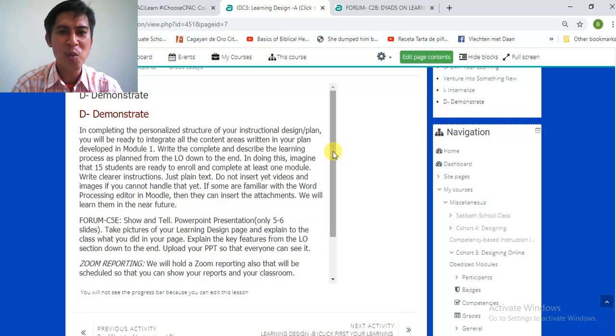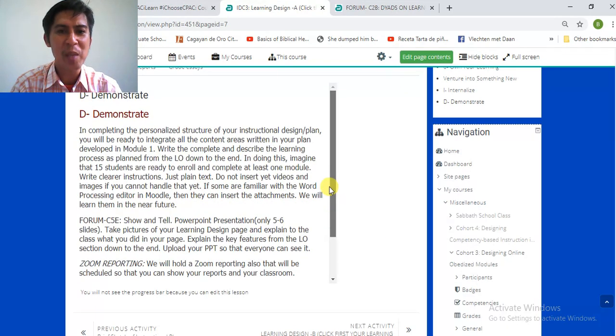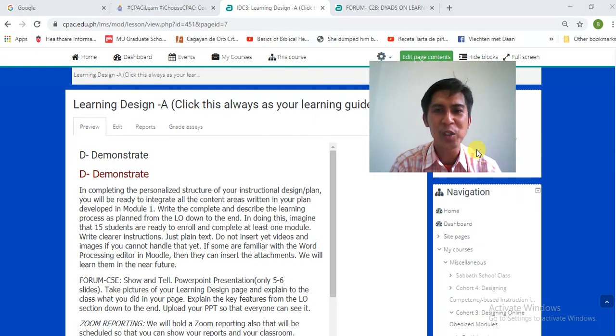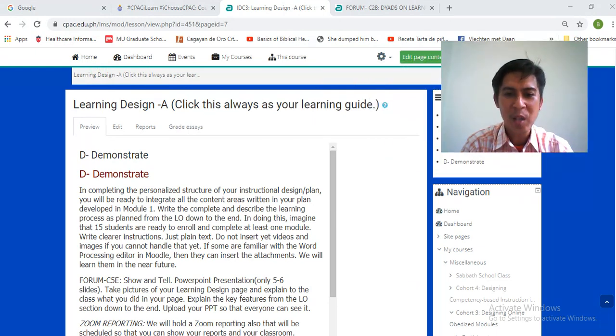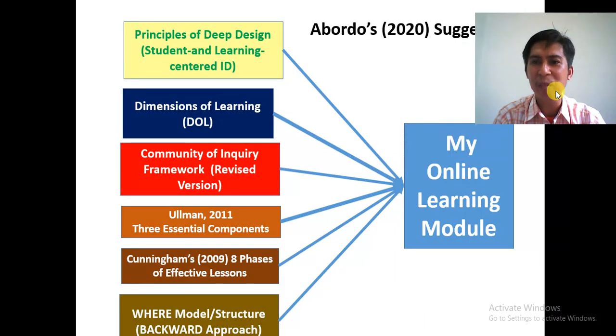We went to Zoom reporting, we went to discussions, and we were congratulating people for sharing their demonstrated learning. So I'm just showing to you how I carried out my COVID design without losing the principles that I introduced a while ago.